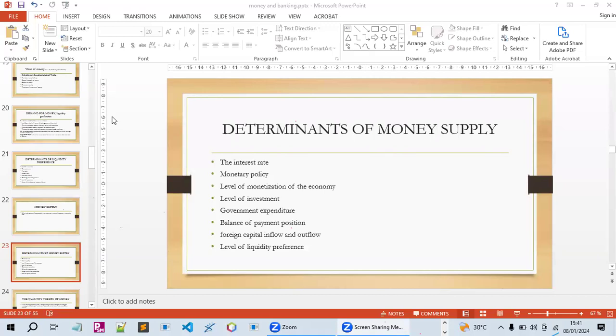Medium of exchange is a function of money, not a role of money.